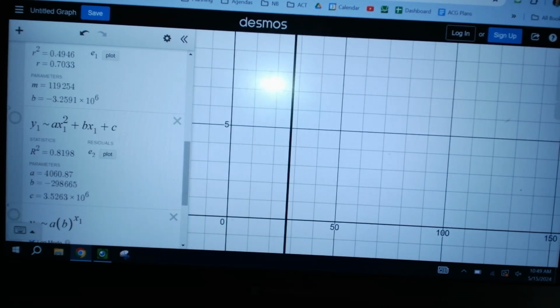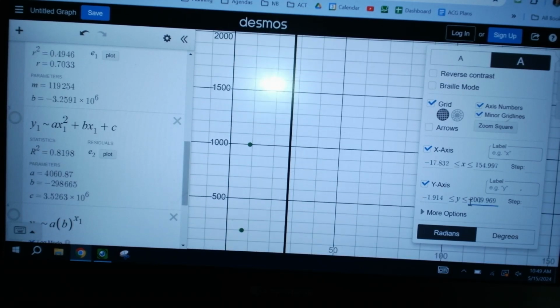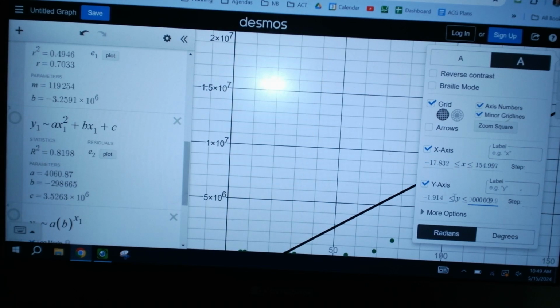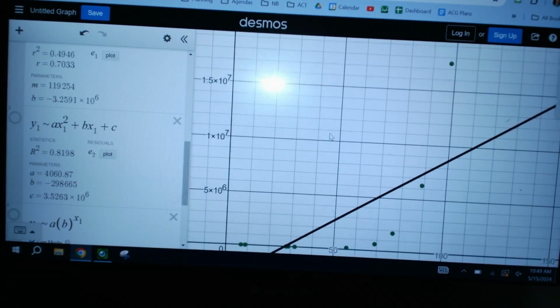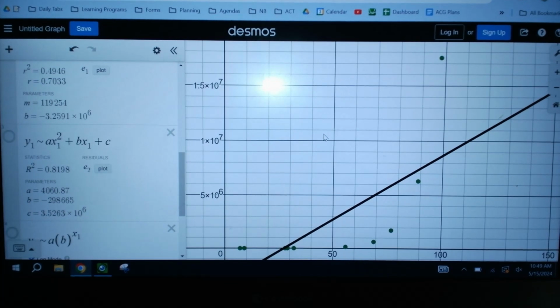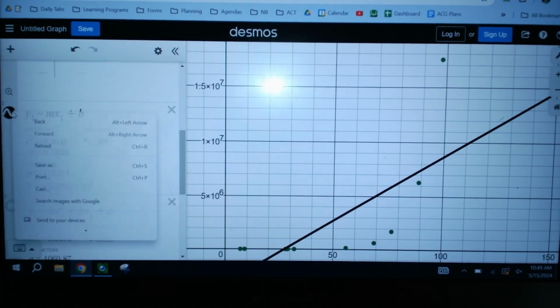And then the y values go all the way up to 17 million, so I'm going to take it up to like 20 million. So there's my scatter plot and the linear option. Definitely not a good option. And it says that the linear option is only about 49% accurate.